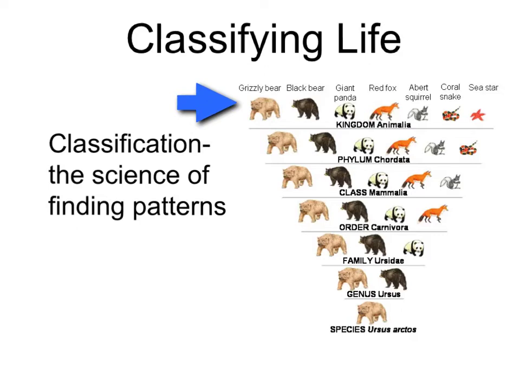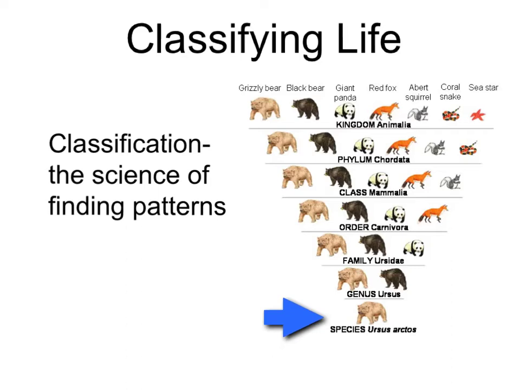Okay, so kingdoms are very broad groups. Big difference between all these animals. The subgroups underneath them are your phylum, class, order, family, genus, and then we get to species. The species is the narrowest group that you use to classify an organism.